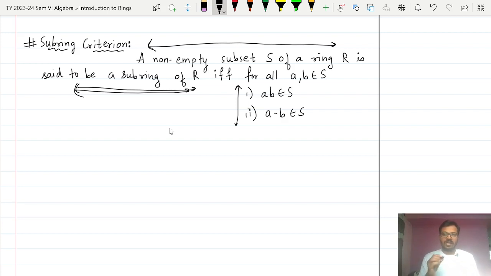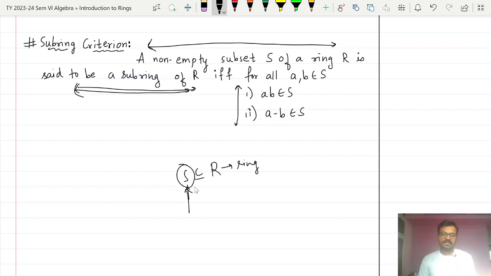That's all. Now the question is, suppose a ring R is given to you and S is a subset of R. The question is to show that S is a subring of R. So how are you going to proceed? First of all, we are supposed to show S is non-empty.